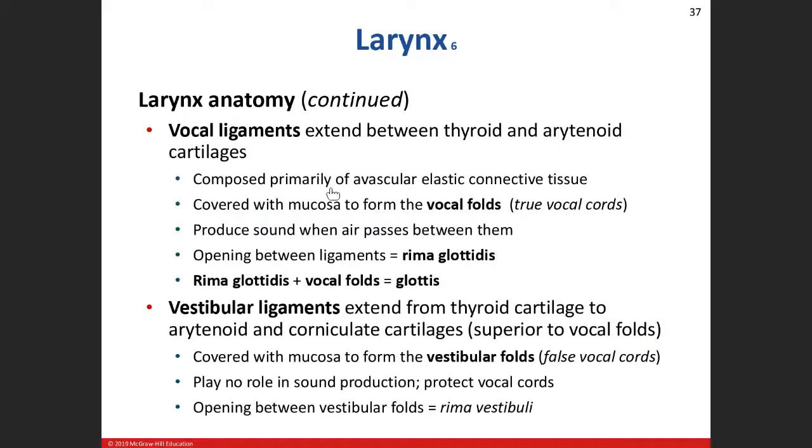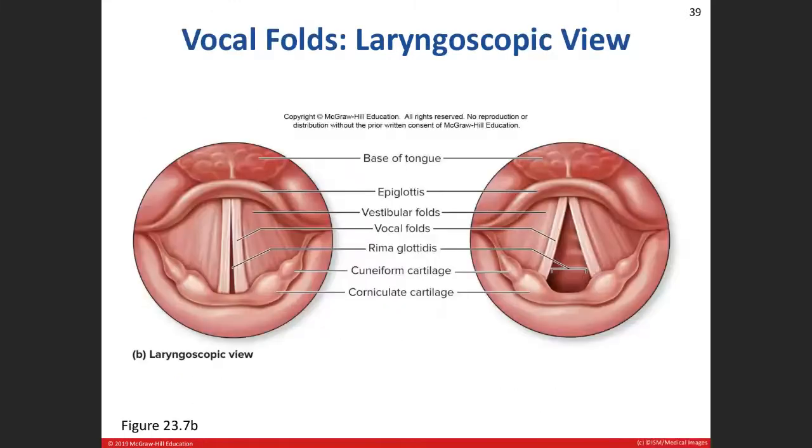All right. So when we're looking at the vocal cords, or the vocal ligaments, when they are covered, and actually this is the picture here, this is a better view of the vocal ligaments because they're covered now with the mucosal and soft tissue material. You can see, again, here's that epiglottis. We're looking straight down at it.